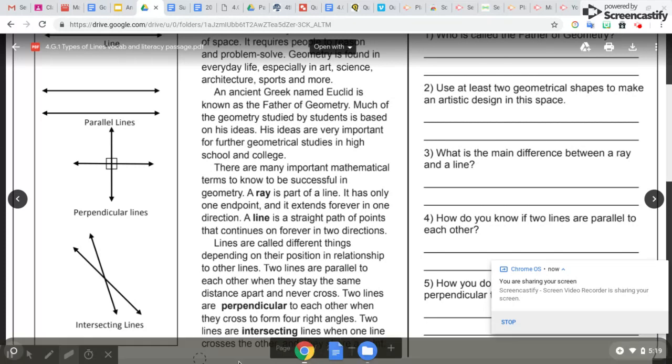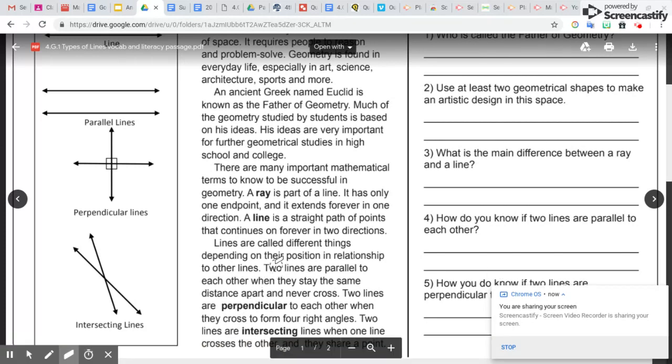Here in the paragraph, it is actually talking about these things. And of course, it talks about our ray and our line, and we know what that looks like. We're able to identify that now, and we're also able to draw that now. That was one of your I can statements. But what you need to also be able to do is identify these.